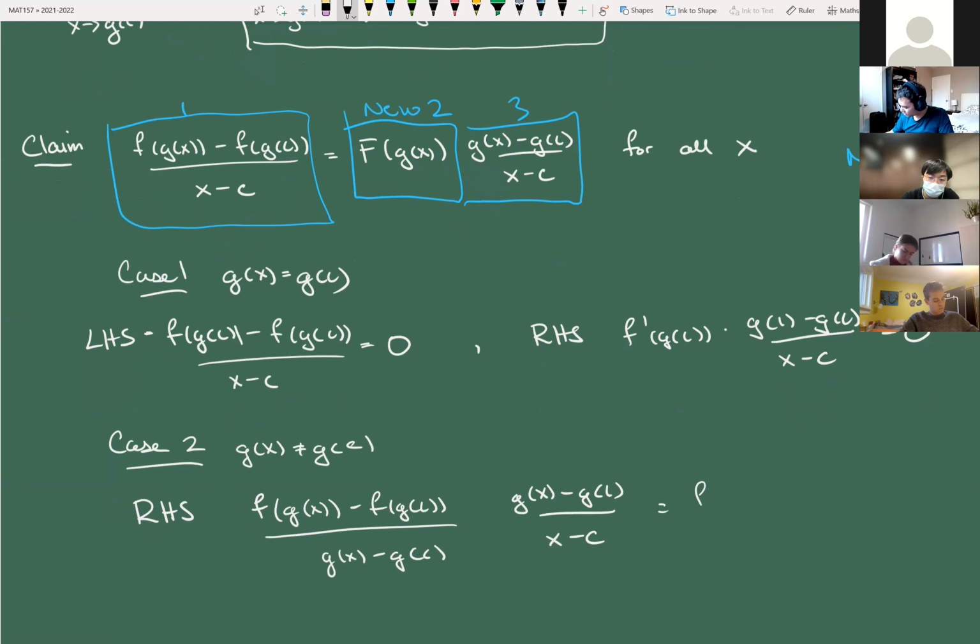The g of x minus g of c's cancel. And that is the left-hand side.